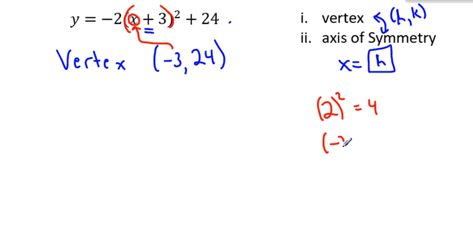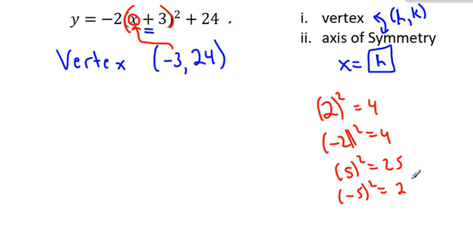Well, so is -2 squared. If I had 5 squared, that would be 25. Well, so is -5 squared. So that's why there's symmetry in every parabola, or every quadratic relation. But for 0 squared, there isn't another number that also gives me an answer of 0, which is why there's no symmetry when the bracket is 0.